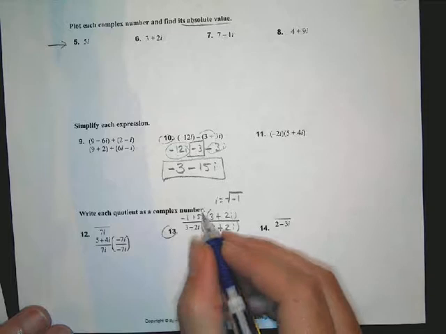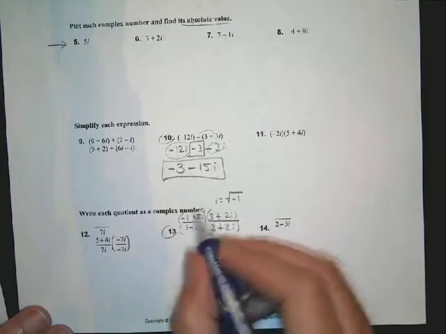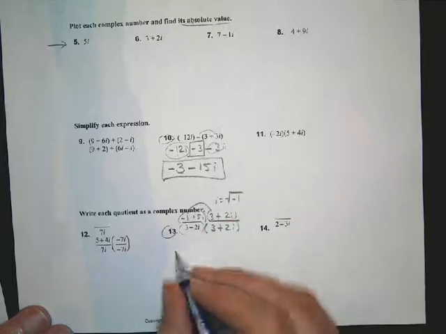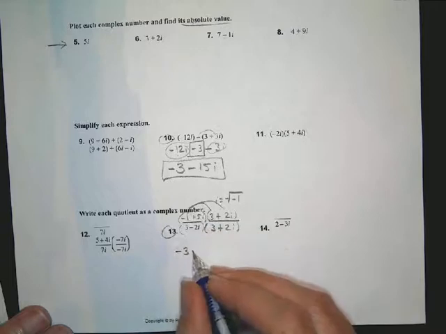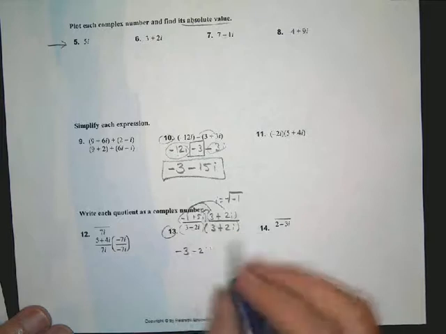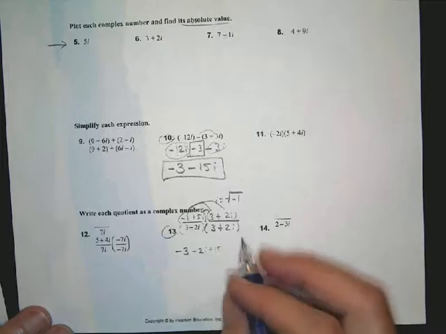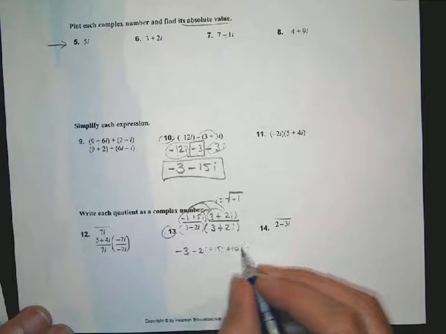At this point now I have a lot of things to distribute and rewrite. So I'm going to distribute this here as negative 1 times 3 is negative 3, negative 1 times 2i is a negative 2i, and then here I have a 5 times 3 is a plus 15, plus 15i, and 5 times 2i is plus 10i squared.